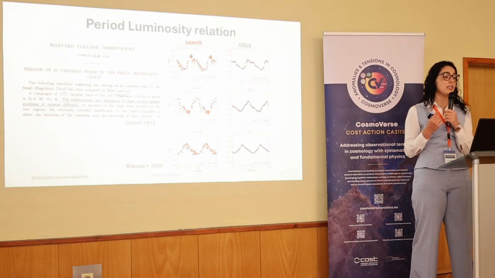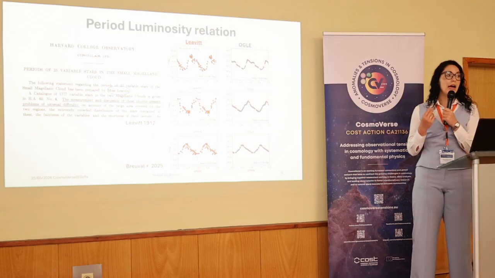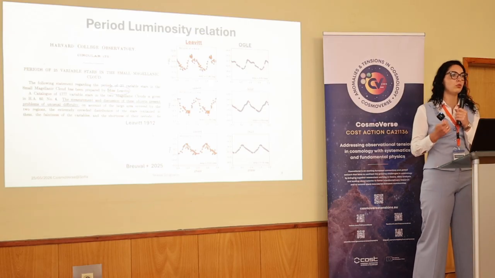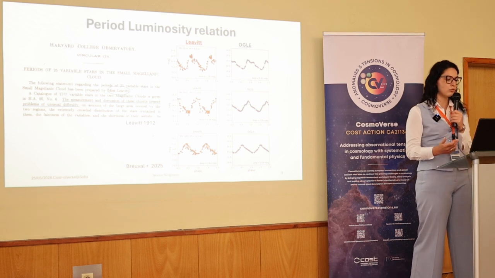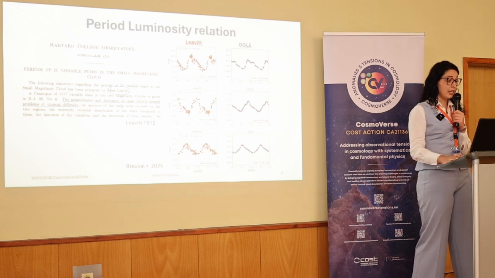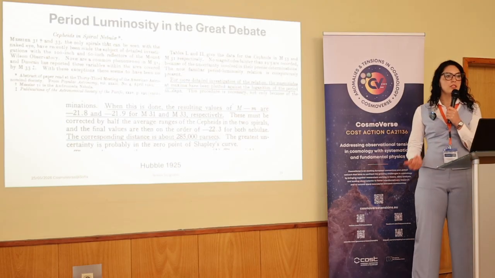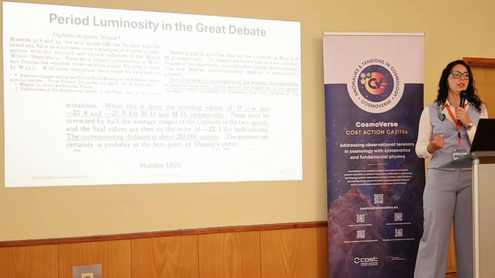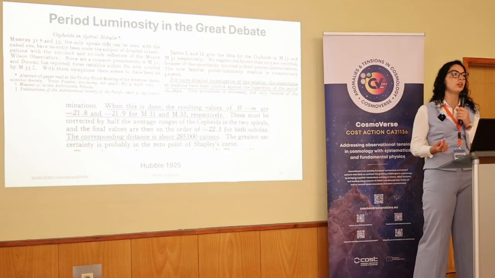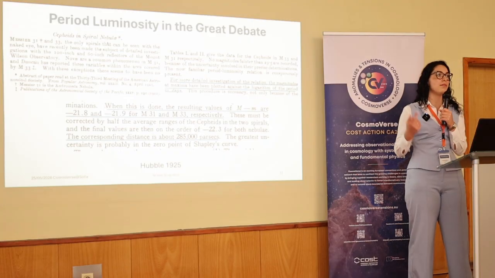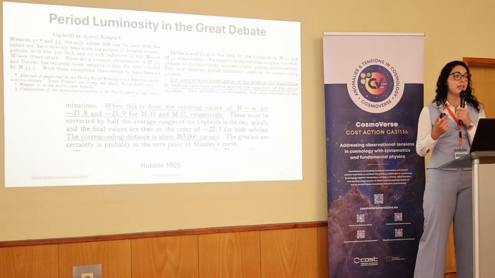As astronomers found out this relation and that it could be used to measure distances, they understood the power of this relation. Thanks to this, Hubble was able to state that the universe was not only the Milky Way, but that all the other galaxies they were observing were outside the Milky Way.